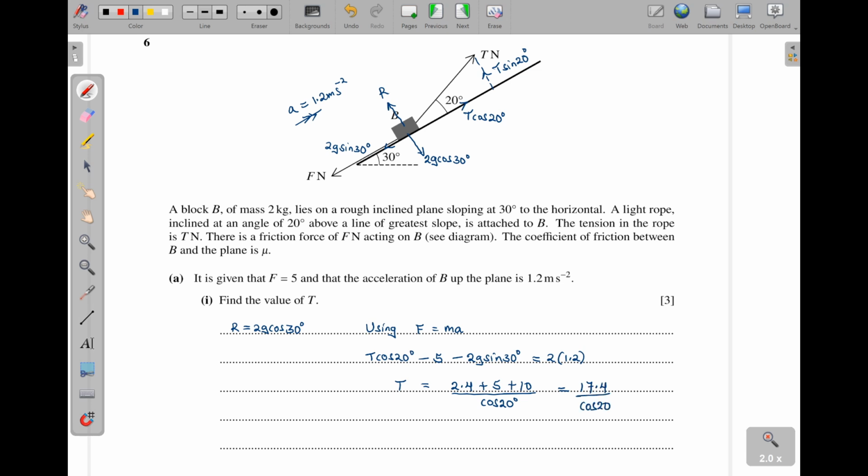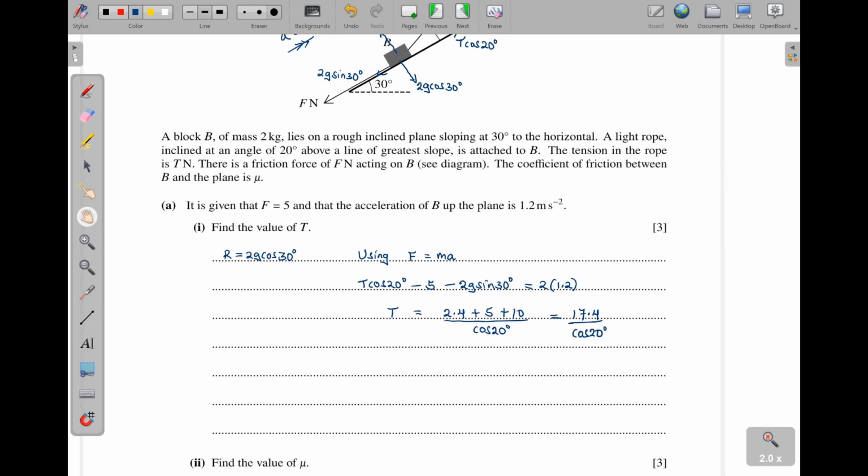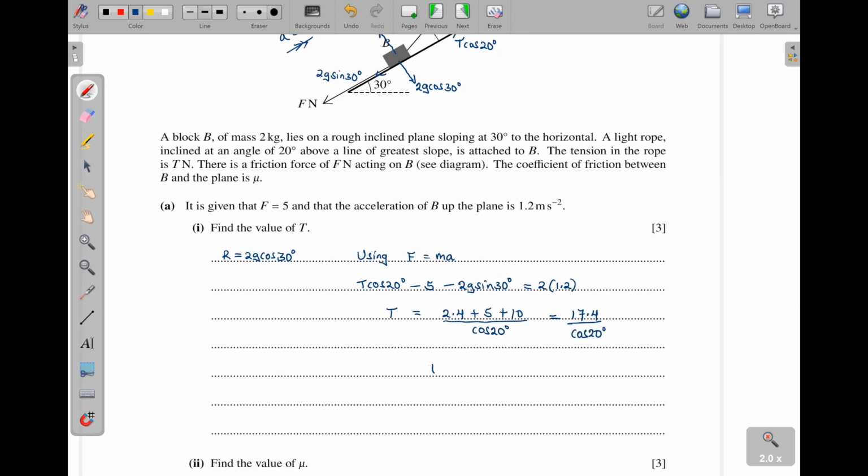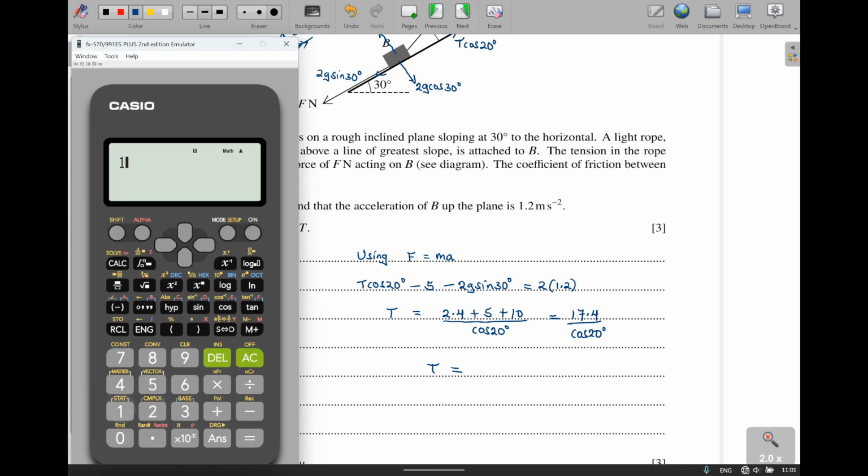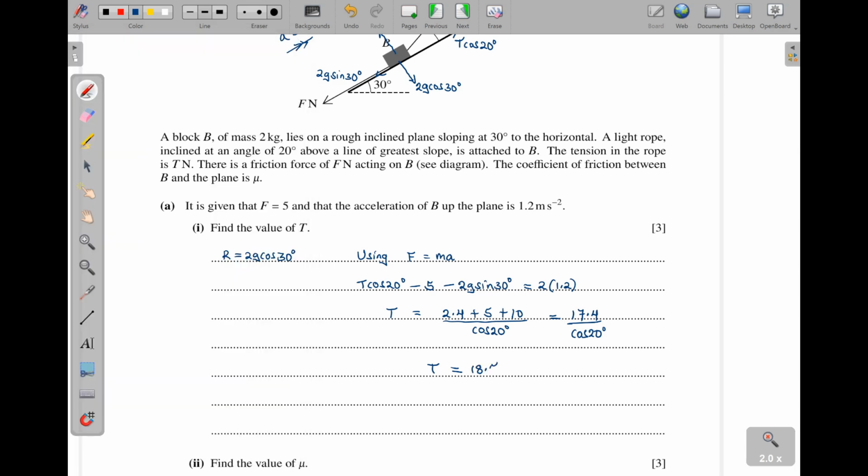So that is the exact value of T. But to 3 significant figures, 17.4 out of cosine of 20 is going to be 18.5 newtons.